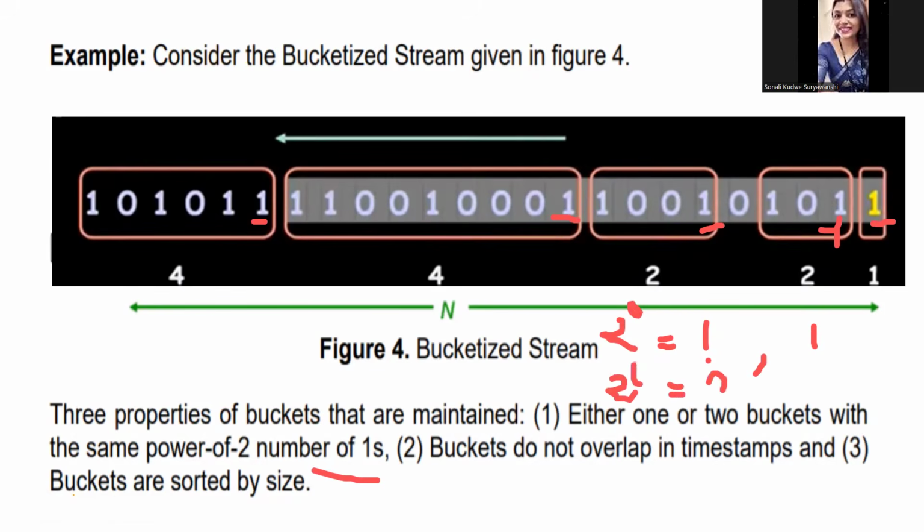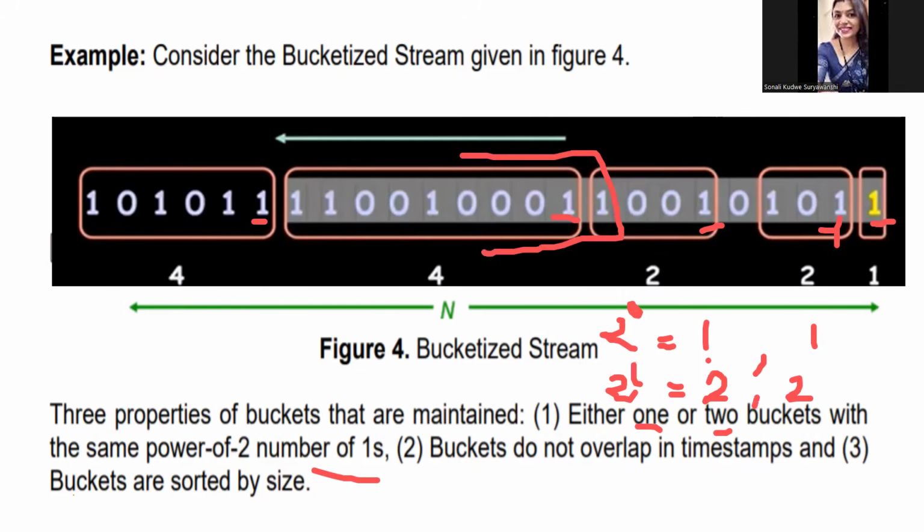That means I can have a single bucket of size 2 or 2 buckets of size 2. So it's minimum 1, maximum 2 buckets of the same power of 2 number of ones. Next, buckets do not overlap in timestamp. If you're creating this bucket, you can't have another bucket that starts from here, which would be wrong.